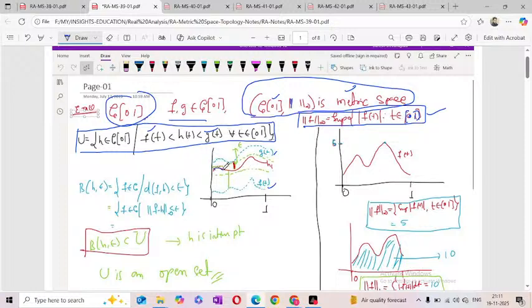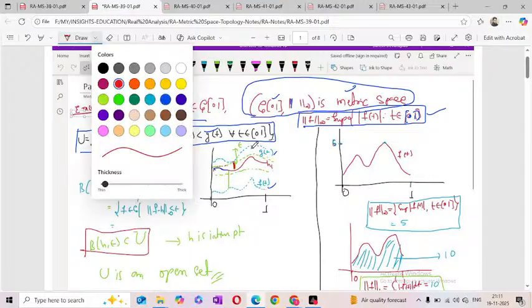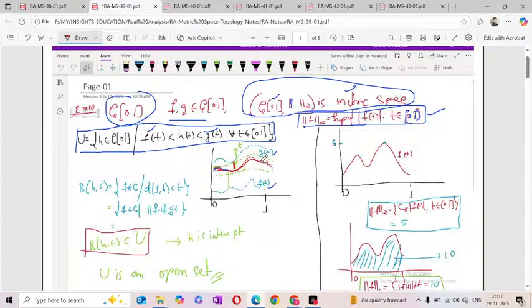Suppose I take a function in between these two functions. Assume this, the red mark, is our h. Now around h we will form a ball with radius epsilon. So the open ball around h, B(h, epsilon), is the set of f belonging to C such that d of f comma h is less than epsilon.